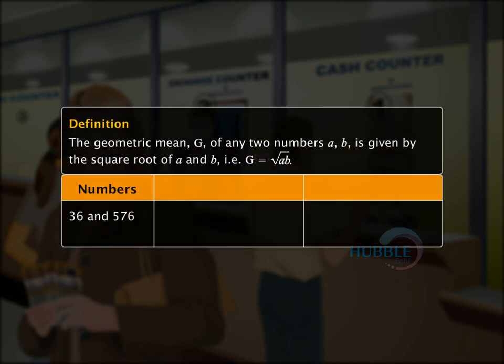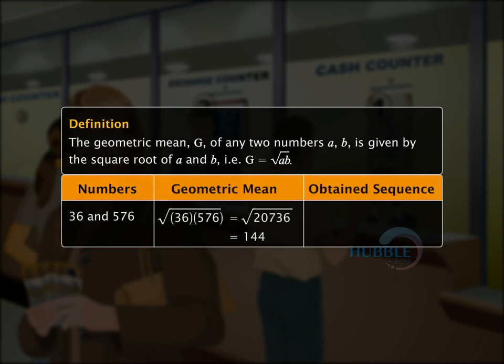Let's consider two numbers, 36 and 576. We get the geometric mean of 36 and 576 as equal to 144. As a result, we get the geometric sequence 36, 144 and 576.